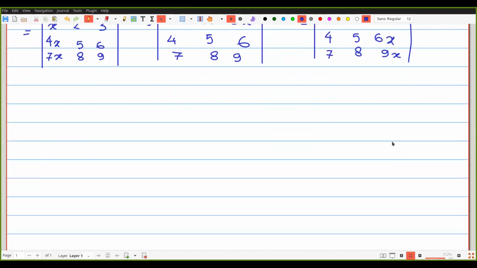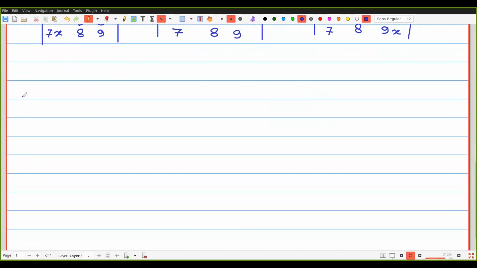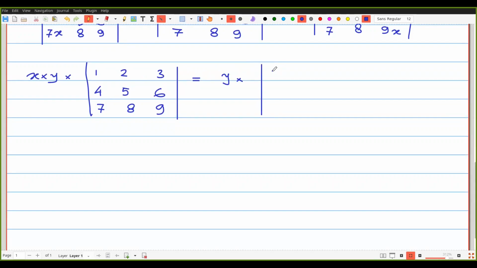Suppose we have two scalars, x and y, multiplied with the same determinant 1, 2, 3, 4, 5, 6, 7, 8, 9. At first I multiply the scalar x with any row or column. Suppose I consider the first row, so it becomes x, 2x, 3x, and the remaining two rows are unaltered.